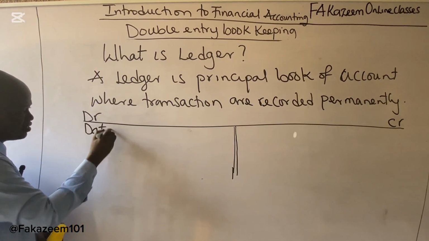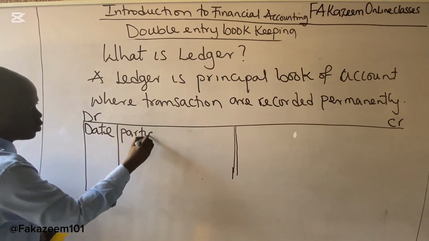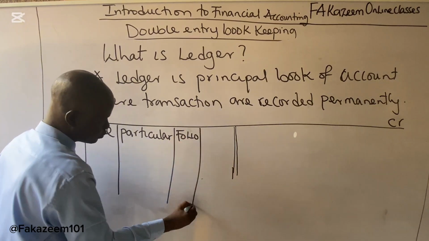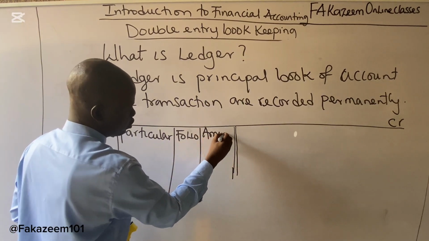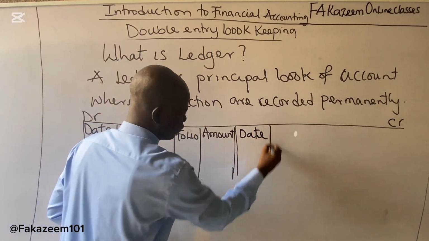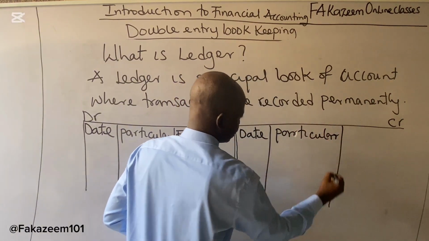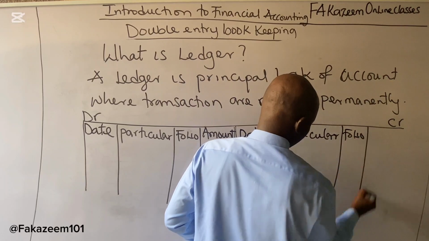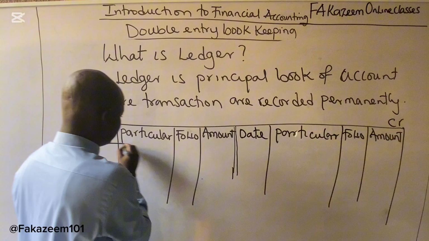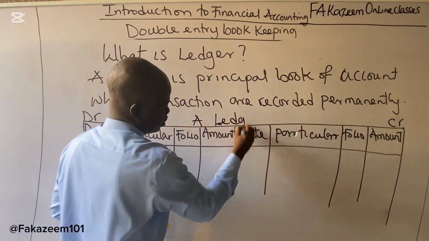The debit side has a column for date, a column for particulars, a column for folio, and a column for amount. On the credit side, it also has a column for date, particulars, folio, and amount. This is the format of a ledger.